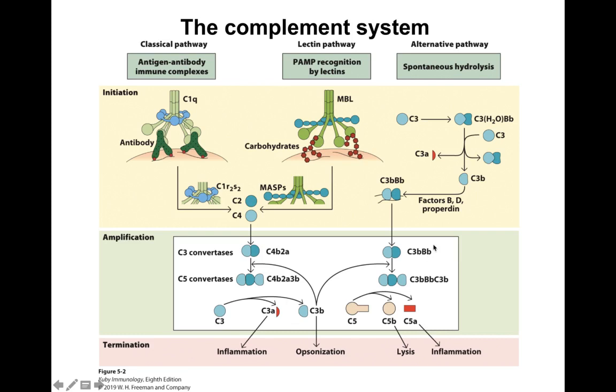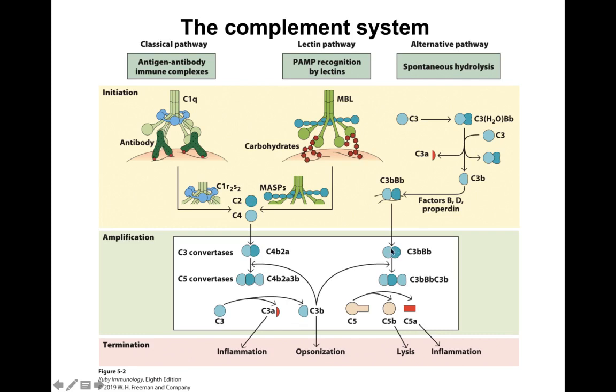It is generated because C3b binds together with a cleaved factor B, big B, little b. Factor D cleaves the factor B. And properdin stabilizes this and can help initiate it in some cases.